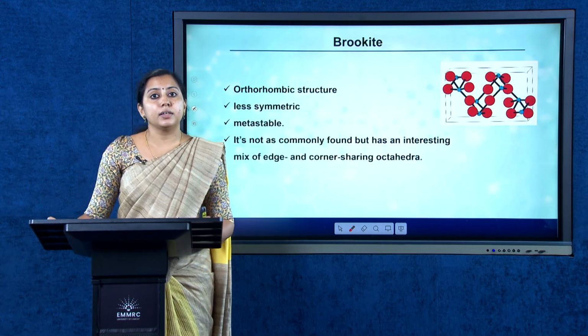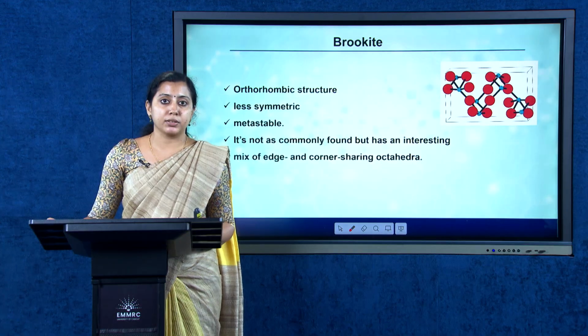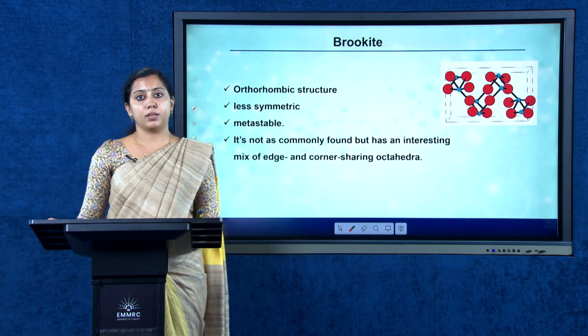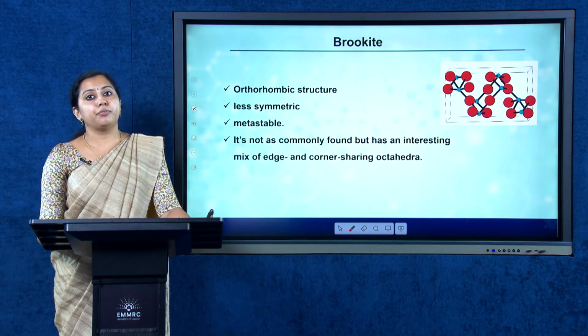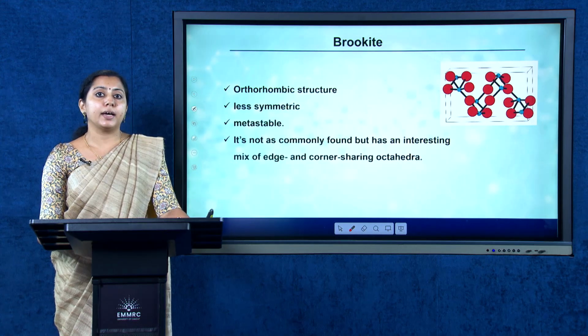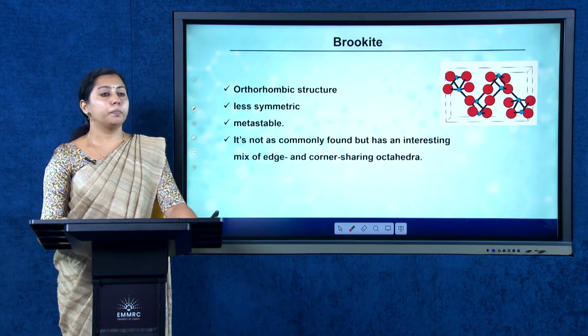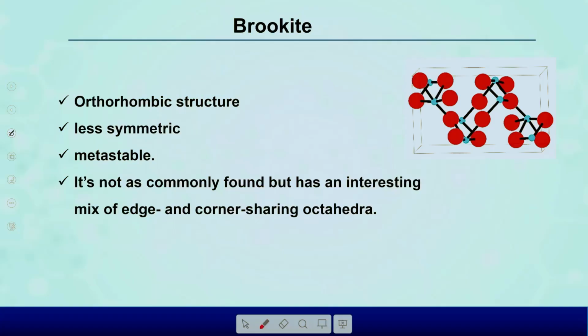And the third polymorph of titanium dioxide is brookite. Different from rutile and anatase, brookite crystallizes in an orthorhombic structure, as you can see in this figure. And we know that the orthorhombic crystal structure is less symmetric.